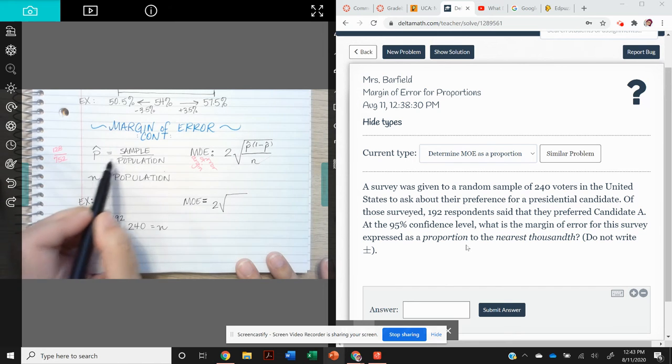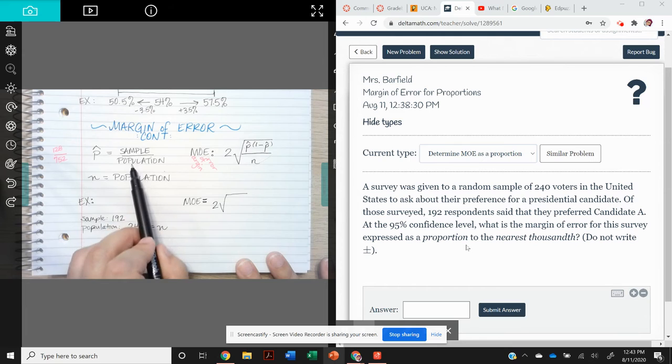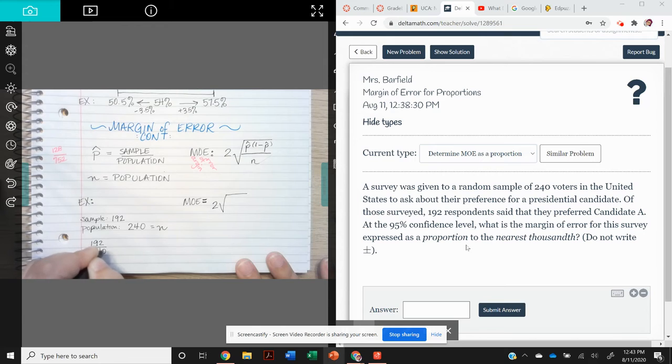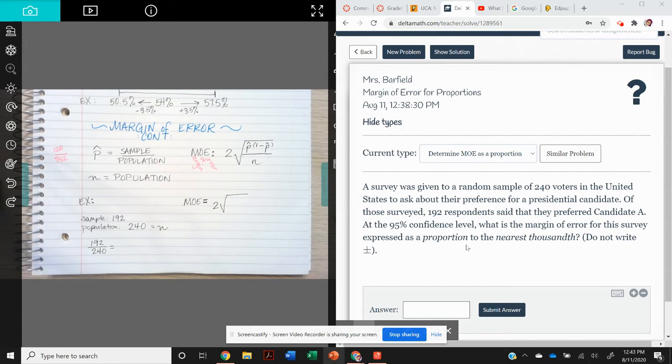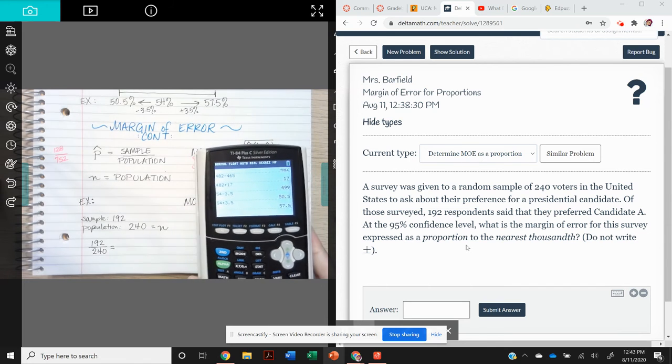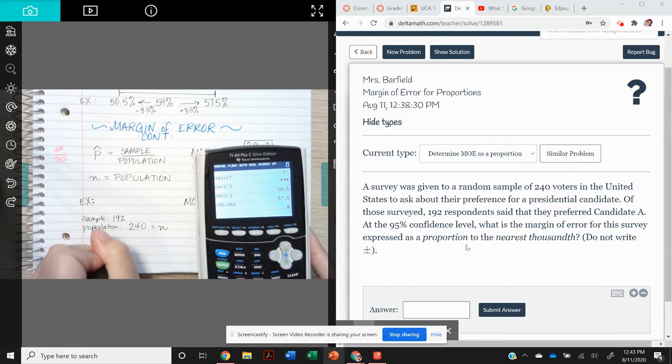I need to figure out what P is. So my P is my sample divided by my population. So 192 divided by 240. That is 0.8.